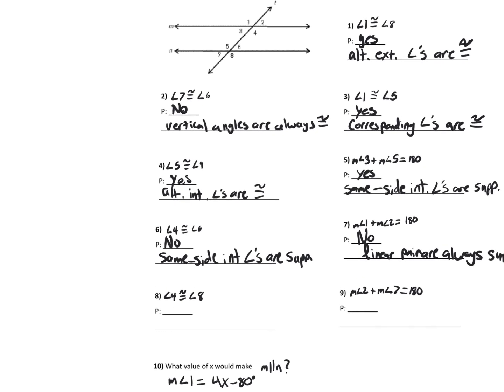Angle 4 is congruent to angle 8. Again, just like number 3, those are corresponding, so corresponding angles are congruent. So that is a yes. And then the measure of angle 2 and the measure of angle 7 equals 180.